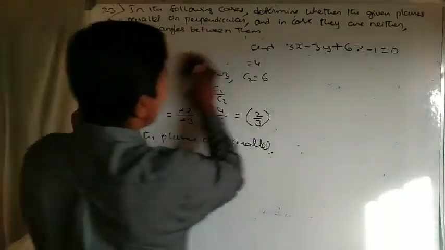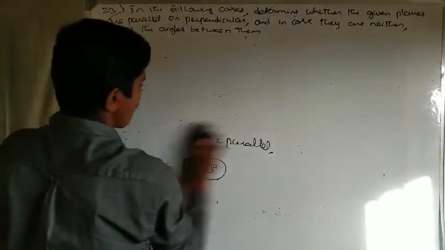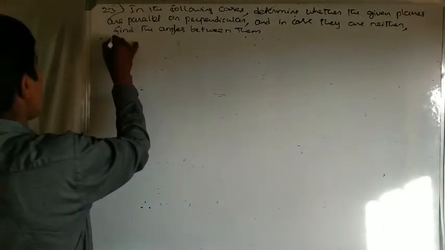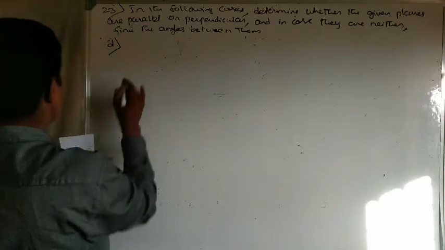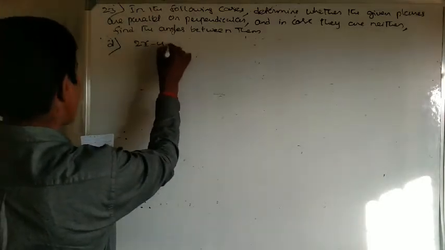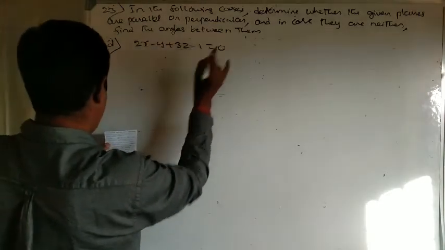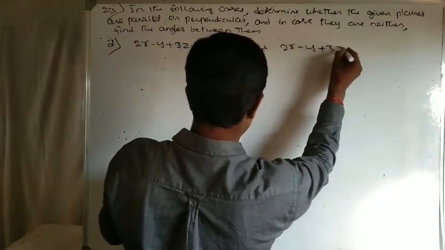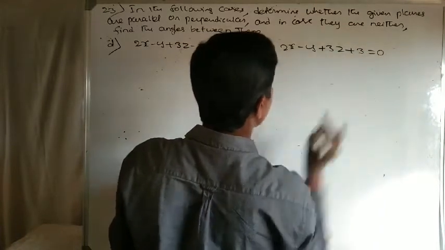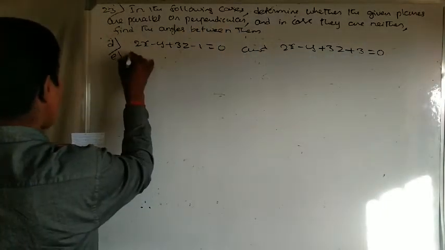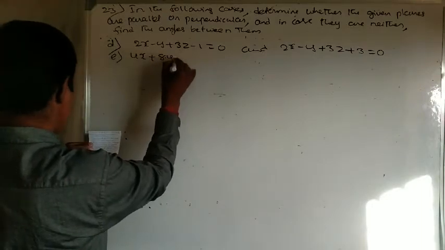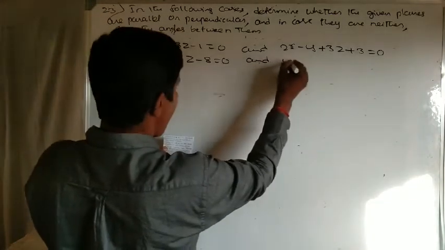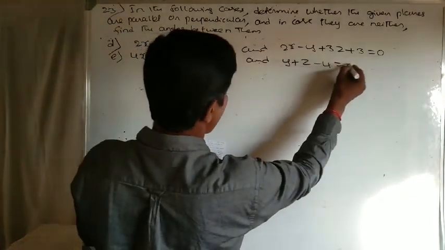So now I am giving D and E problems for home assignment. D problem: 2x minus y plus 3z minus 1 is equal to 0 and 2x minus y plus 3z plus 3 is equal to 0. E problem: 4x plus 8y plus z minus 8 is equal to 0 and y plus z minus 4 is equal to 0.